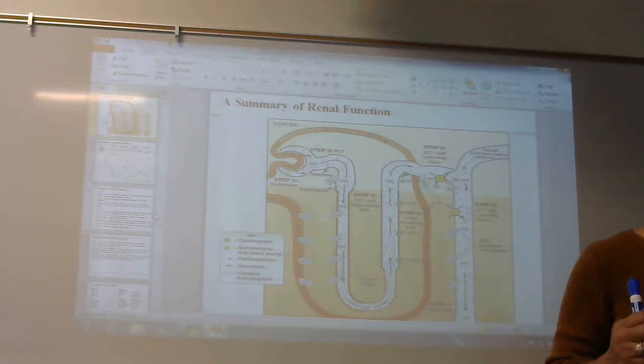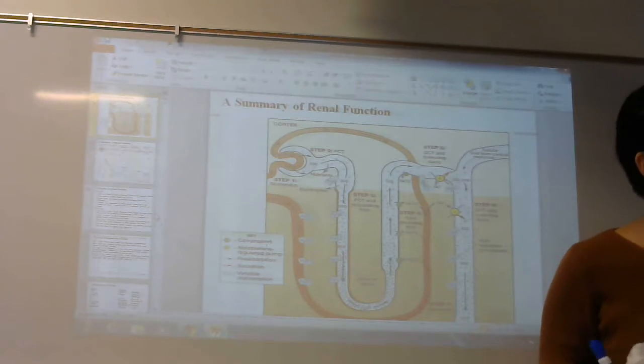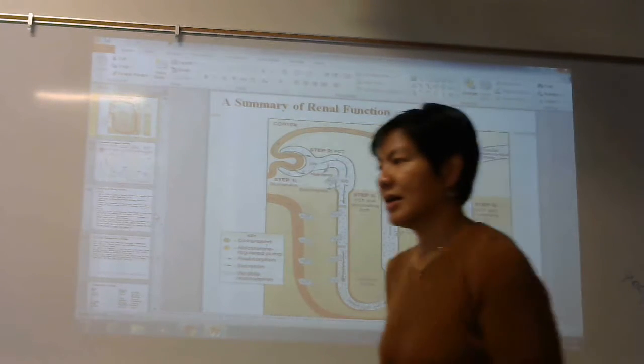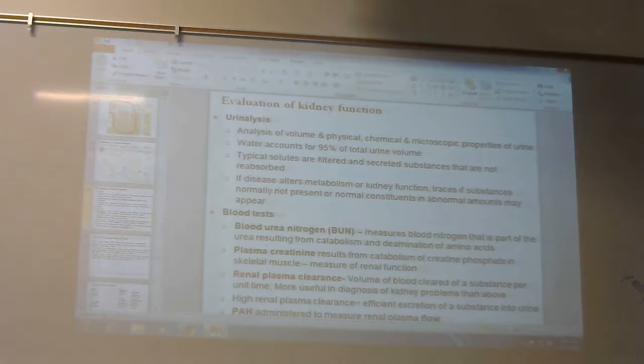Here, all the way down, goes down to your bladder. Are you still forming urine? No more. Which organ did that formation of urine? It's the kidney.